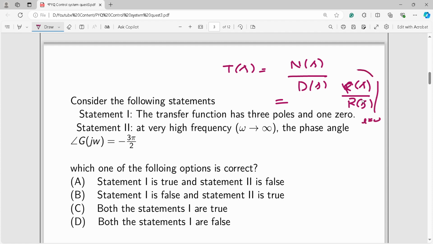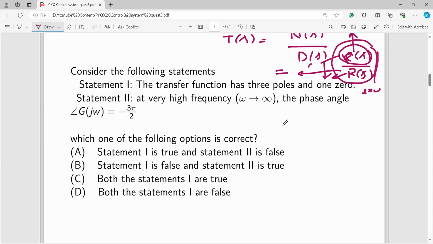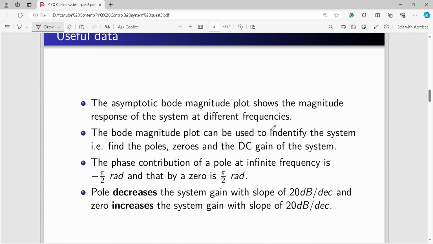It consists of a numerator polynomial and a denominator polynomial. The roots of the numerator polynomial are called the zeros, and the roots of the denominator polynomial are called the poles. And what's the useful data to solve the questions?